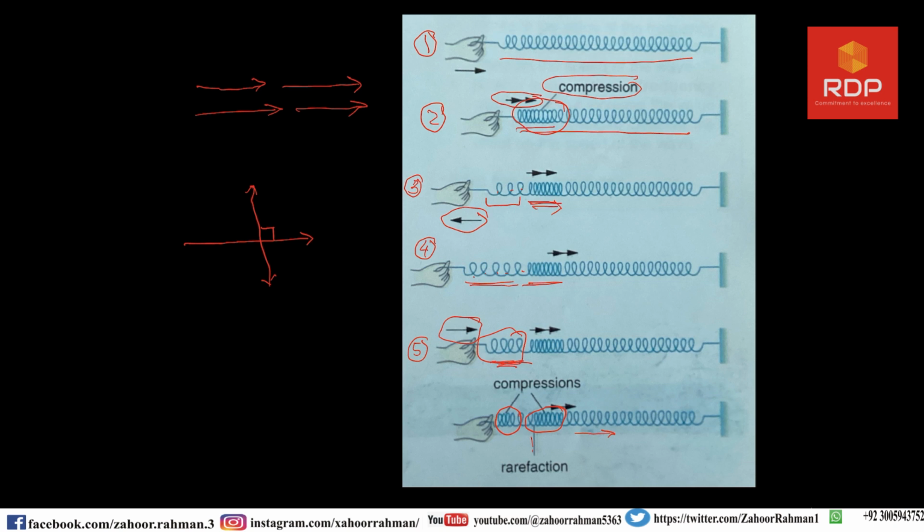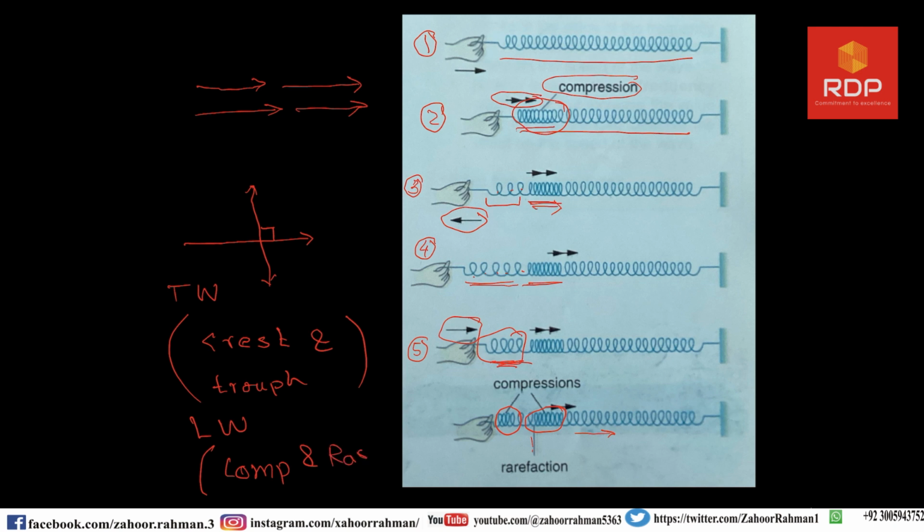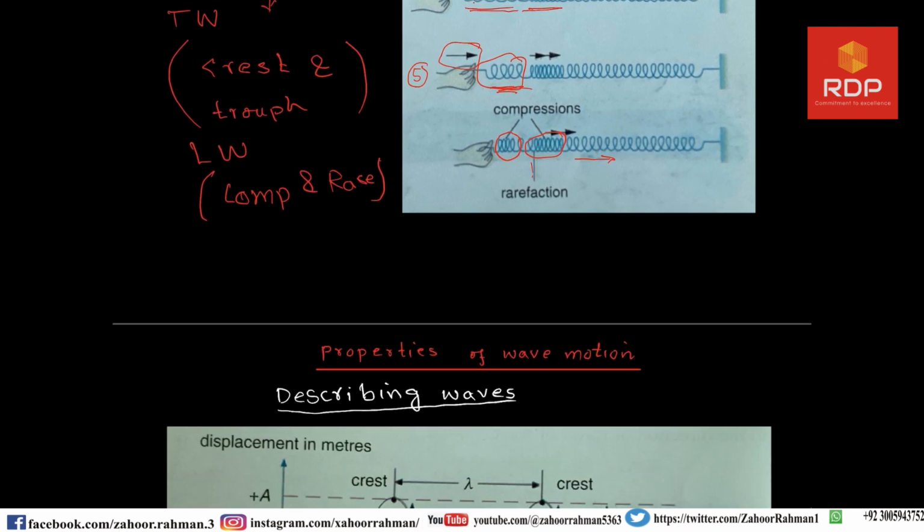The second difference is that crest and trough are there in the case of transverse waves, while in the case of longitudinal waves, we are observing compression and rarefaction. Okay, that's it for this topic.